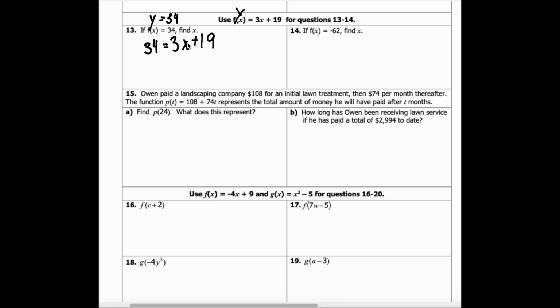So what they're saying is plug 34 into f of x and solve for x. That's all that means. I'm going to go ahead and subtract 19 from both sides. We have 15 equals 3x. Divide both sides by 3, x equals 5.